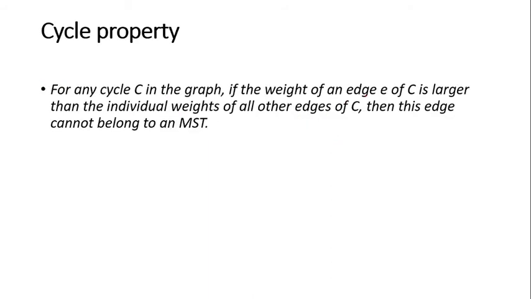Cycle property, you know, right? What is a cycle in a graph? So this is a graph which has a cycle, A, B, C, as I just now told you. Whatever may be the weight, let's say this is the weight. A cycle is a critical thing in graph theory.